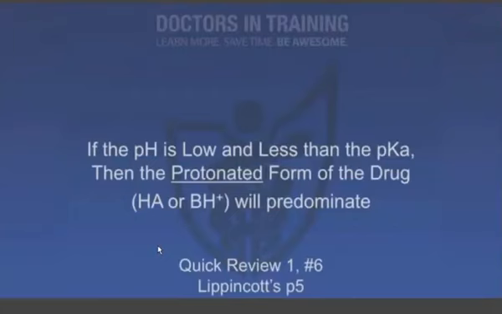Number 6, which form of a weak base will predominate when it is in an acidic environment such as the stomach, in which the pH is less than the drug's acid dissociation constant, also known as the pKa. So if the pH is low, so an acidic environment, lots of hydrogen ions, but more importantly, if the pH is less than the pKa for the substance, then the protonated form is going to predominate.